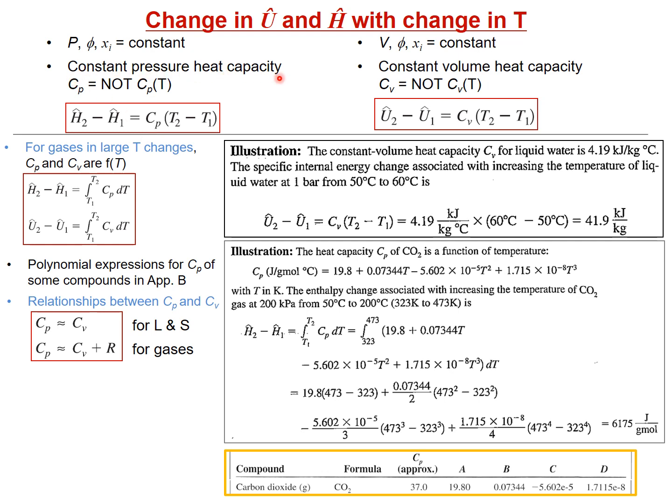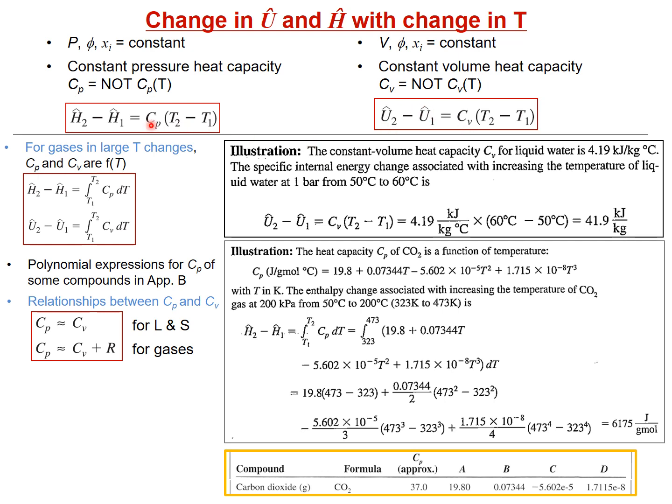That is the definition. So your enthalpy change can be calculated from the temperature difference by Cp, the constant pressure heat capacity. Going to the other one, the change in internal energy is almost the same. However, in this case, you should use the constant volume heat capacity. That's it. Very simple.